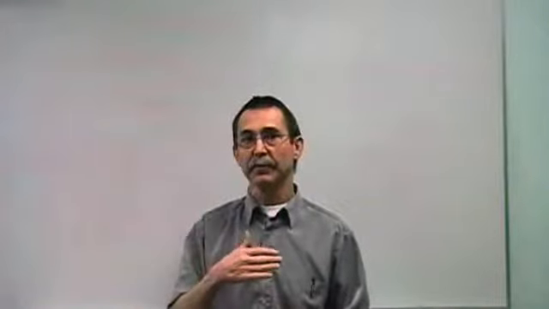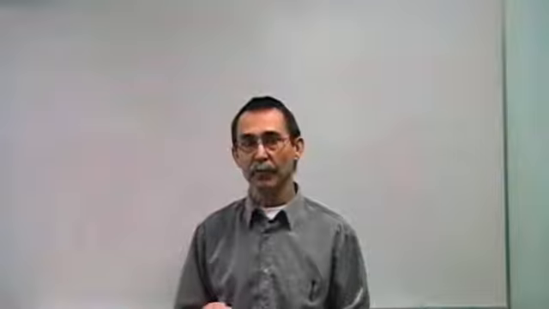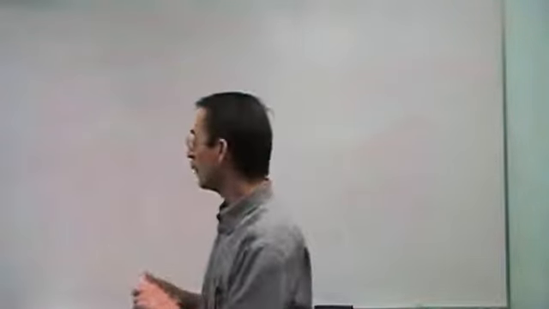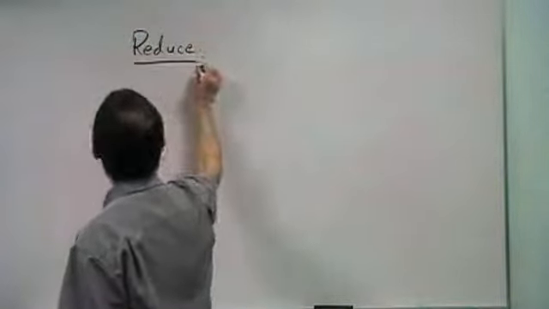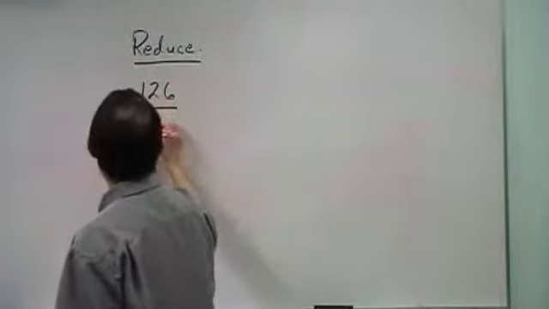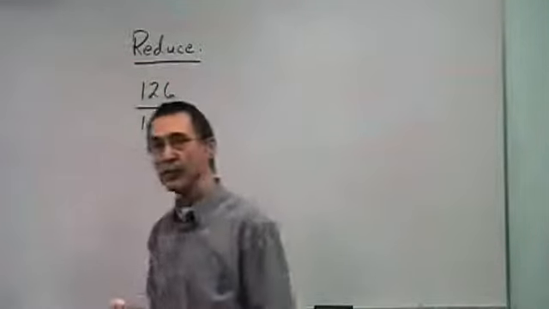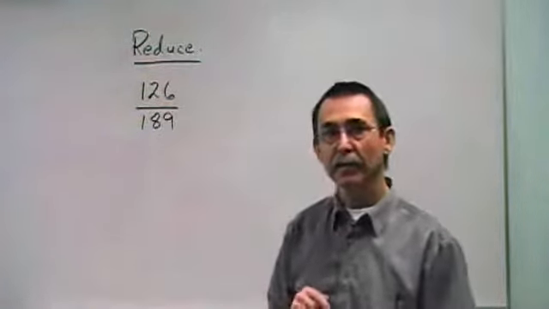But I'd like to take this a step farther using our discussion from moments ago. And I'd like to reduce the following. 126 over 189. Now I know you're not going to see this very much in real life, but I'm trying to make a point here.